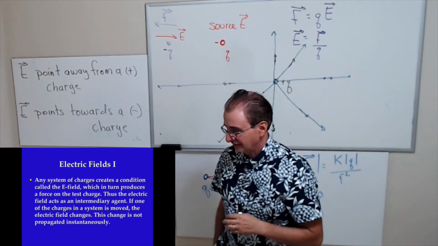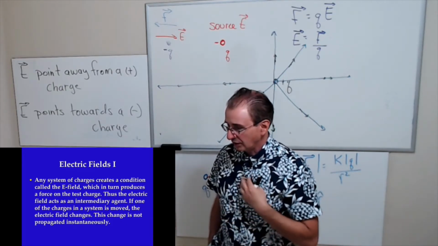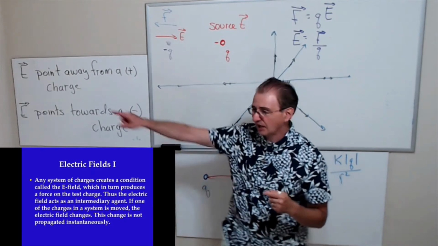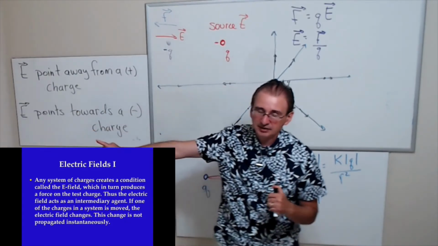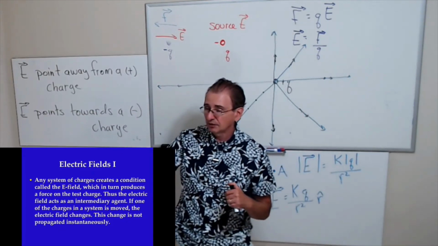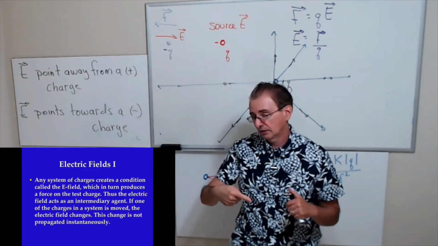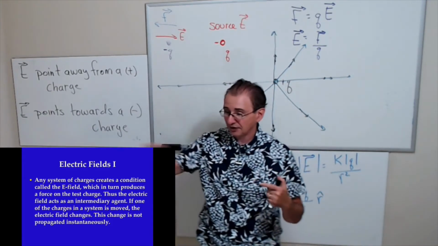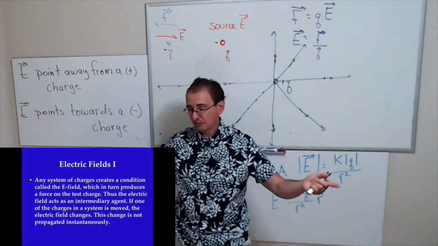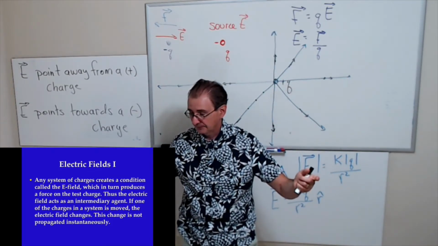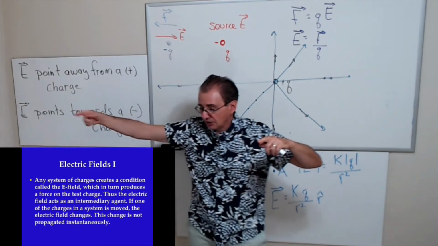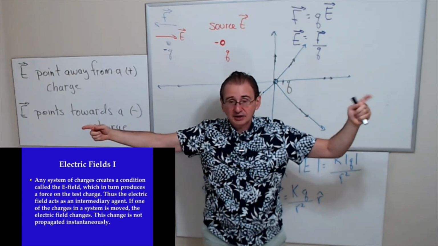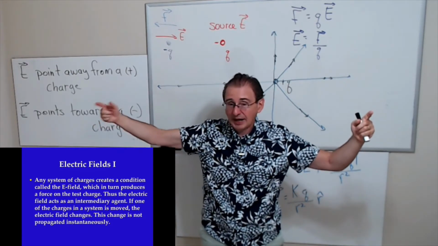All right? The Earth is going to experience a force, a time rate of change in momentum, but it's not going to be the same as the time rate of change in momentum of Jupiter, because it takes time for the information to go from Jupiter to the Earth. Same thing with the electric forces. It takes time for the information to propagate from point A to B. So if something happens to some charge over here, this charge over here, which is far away, there's going to be a time lag between what happens here and what happens here.